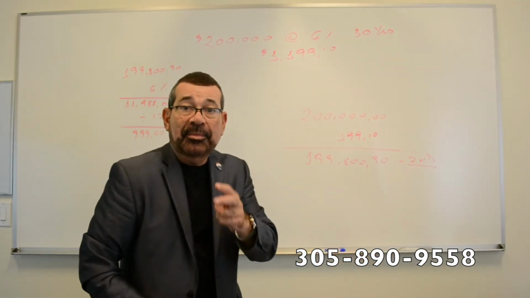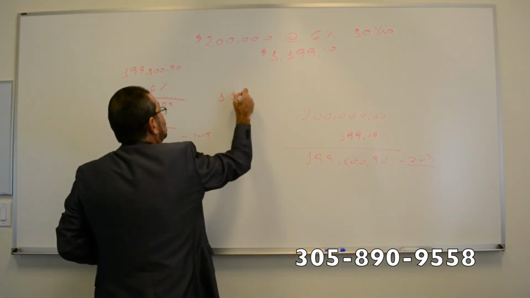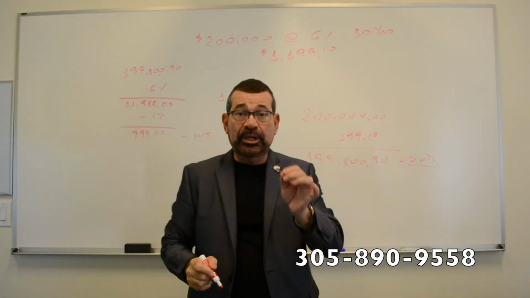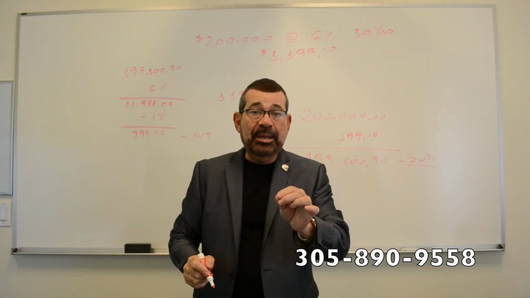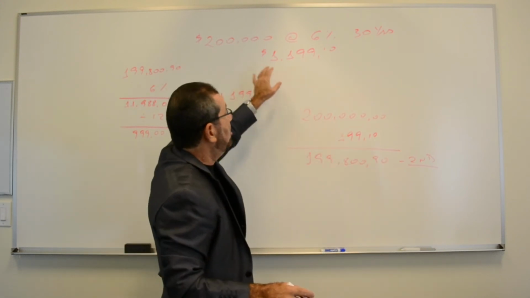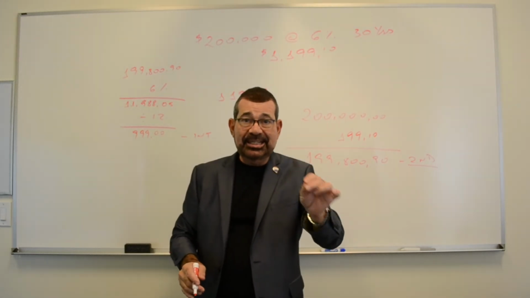So on my second month, I send $1,199.10. Now remember one thing, important. My monthly payment doesn't change. I got it 30 years fixed. My monthly payment will always be $1,199.10.